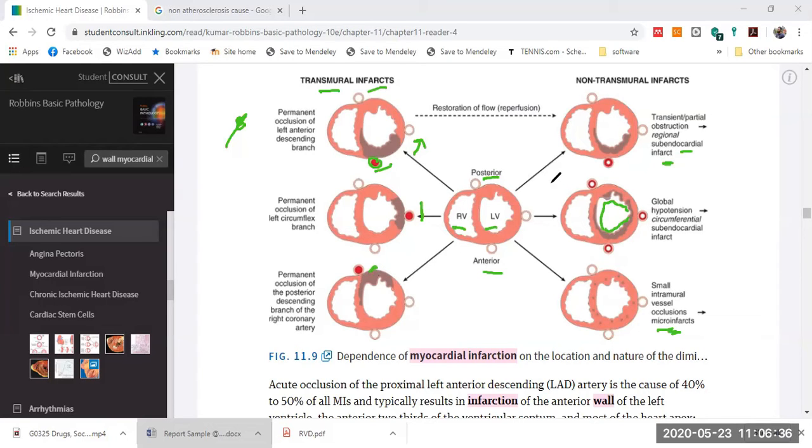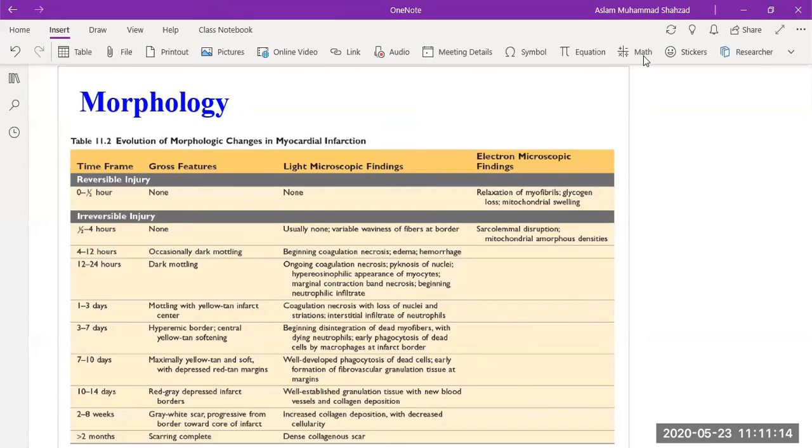Whereas in a non-transmural infarction, it could be a transient or partial obstruction in the subendocardial region, or a global circumferential subendocardial infarction, or it could occur only in small vessels, which could be explained as microinfarction. Let's discuss the morphology of myocardial infarction.